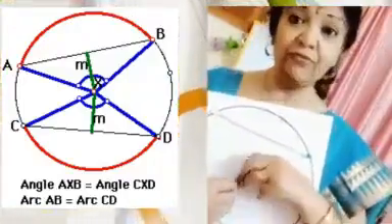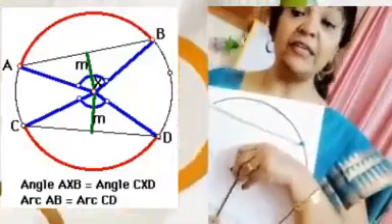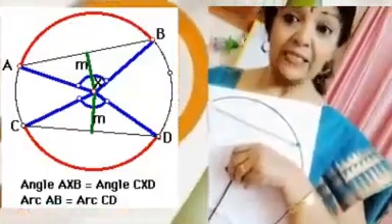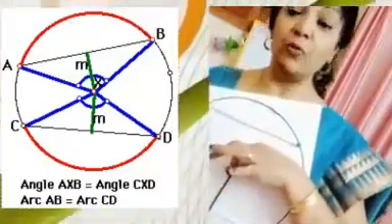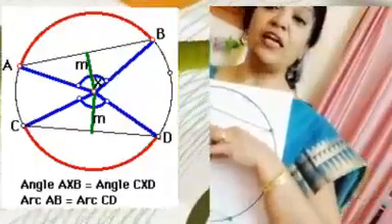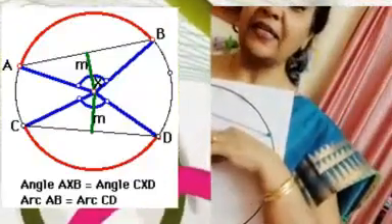If a line is drawn from the center to the midpoint of the chord, we are not drawing a perpendicular, simply a line from the center to the chord, then you measure this angle and it is always 90 degrees.